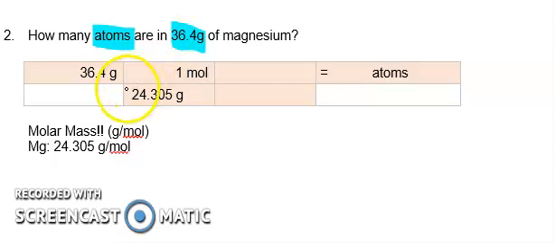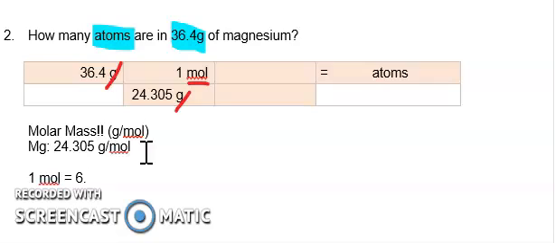Cool, so now I can cancel out my grams, but now I have another issue. I have moles. So how do I go from moles to atoms? My last conversion. Well, if you remember from yesterday, for every 1 mole, there is 6.02 times 10 to the 23rd atoms, or molecules, or whatever it is.